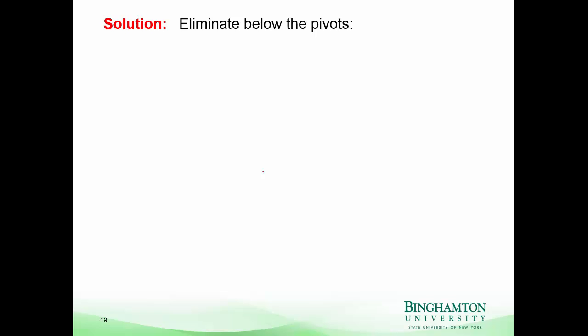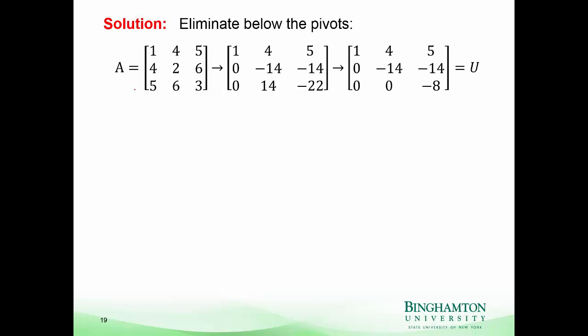So what we want to do is eliminate below the pivots. Here's our original. We've got 4 and 5, and those we want to eliminate. So we eliminated those. Then we want to eliminate the 14. We eliminate that, and we end up with something that looks like that.